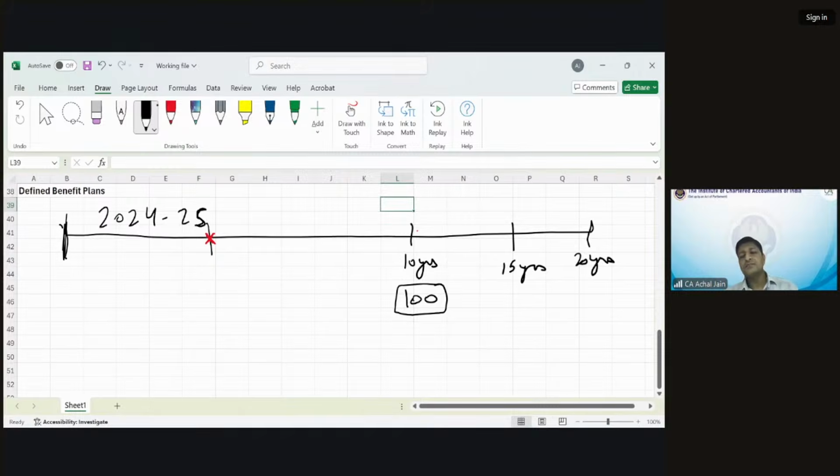Now the next question arises: if you were to estimate, what are the different assumptions you'll have to take? Some of the assumptions could be the increment rate. Why? Because year on year salaries will increase. So one of the assumptions will be the increment rate.